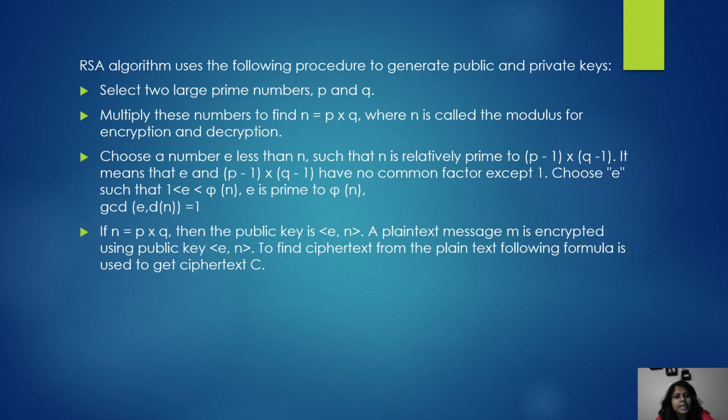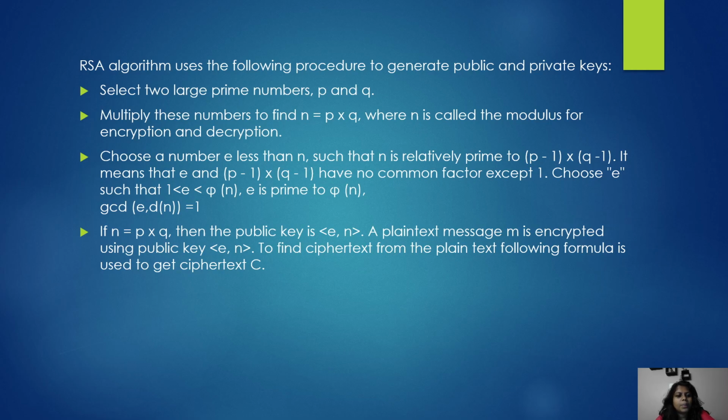It means that E and (P minus 1) into (Q minus 1) have no common factor except 1. Choose E such that 1 is less than E, and E is relatively prime to phi of n, that is GCD of E and phi of n is equal to 1.